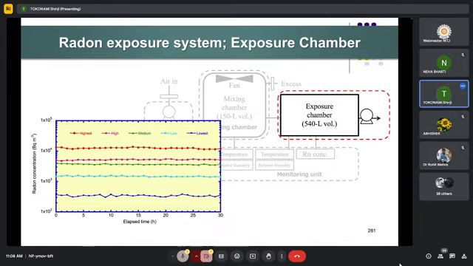Medium level, 4,000 becquerel per cubic meter, 5,000 becquerel per cubic meter. The highest, more than 10,000 becquerel per cubic meter of radon. As you can see, we keep the constant radon concentration in the exposure chamber.